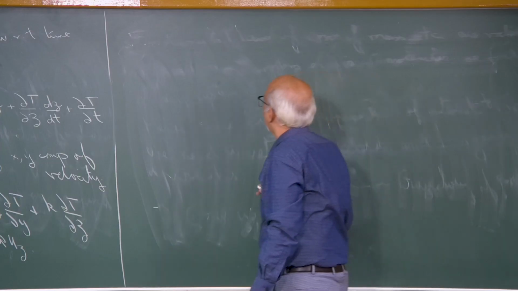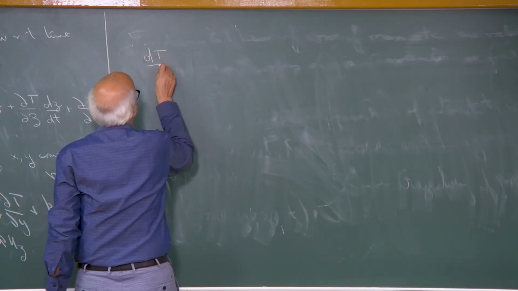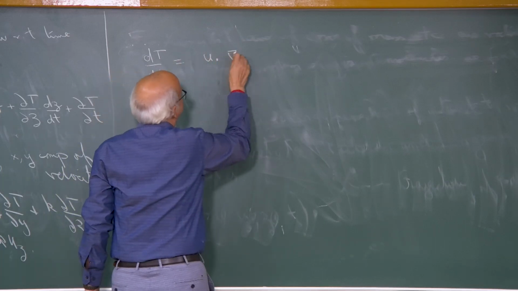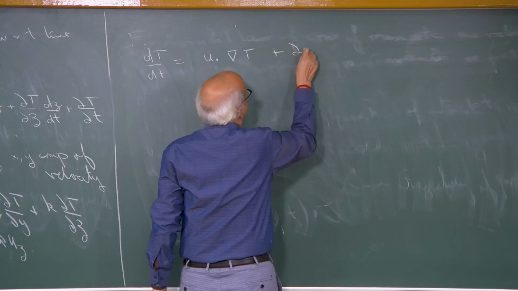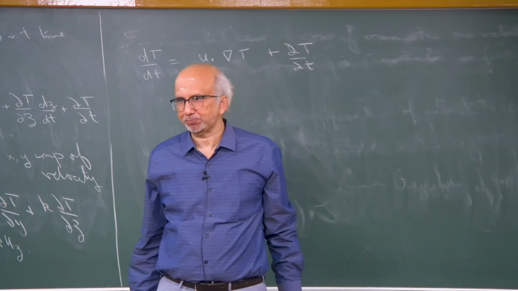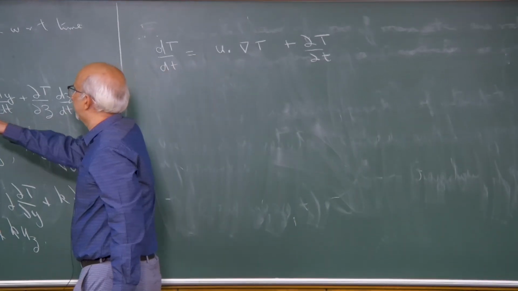So, I can write this as dT by dt is u dotted with the gradient of T plus the partial derivative of T with respect to t. I mean u dot del T are these three terms.